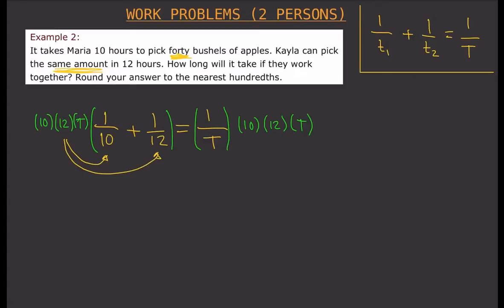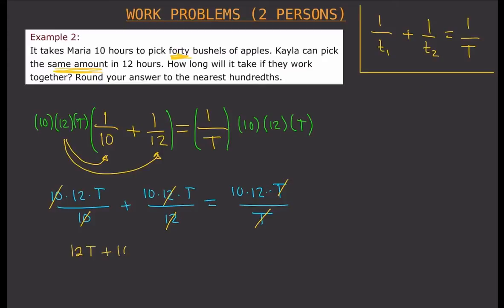So what we have is 10 times 12 times t over 10 plus 10 times 12 times t over 12 equals 10 times 12 times t over t. And then make cancellations. So 10 divided by 10, 12 divided by 12, t divided by t. And what we get is 12 times t plus 10 times t equals 10 times 12, which is 120.